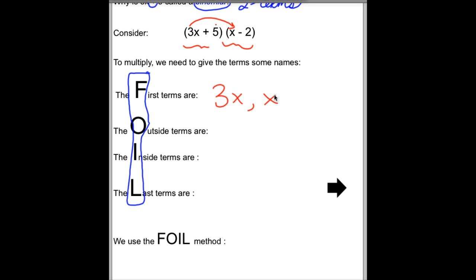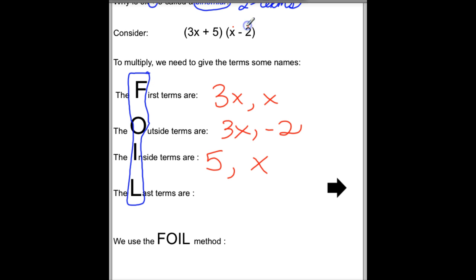Then we have to talk about what the outside terms are. When we talk about the outside terms, we mean the ones on the outside here, not squeezed in the middle. So a 3x and a minus 2 are considered the outsides. Insides are these 2 squeezed in here, the 5 and the x. And the last terms, what I mean by last are the last 2 in each of their binomials.